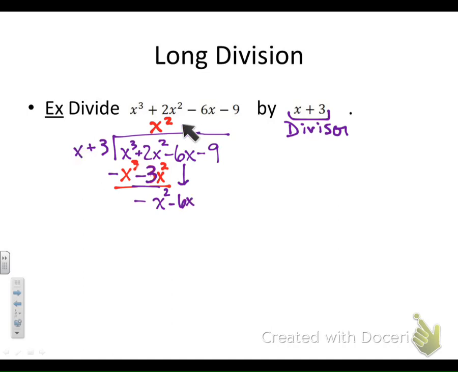I ask myself, x times what gets me negative x squared? So I'm now going to distribute, getting me negative x squared minus 3x. But at this point, I'm going to change the signs, and I bring down my next term.